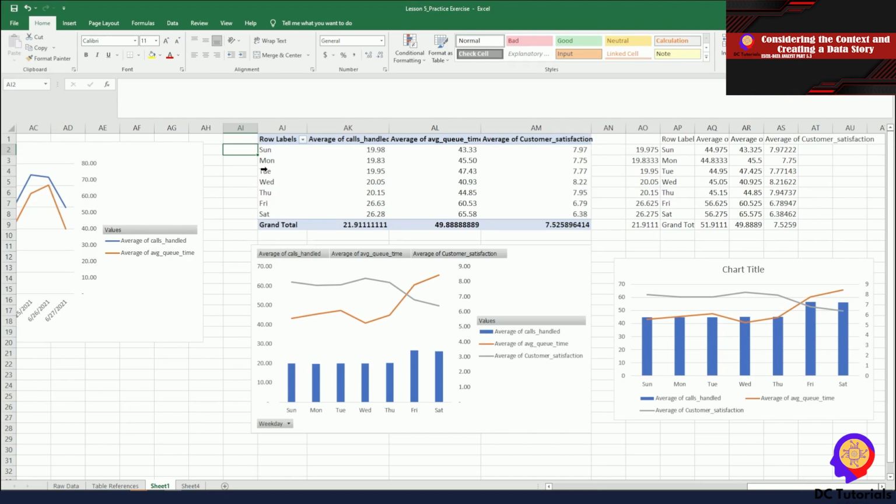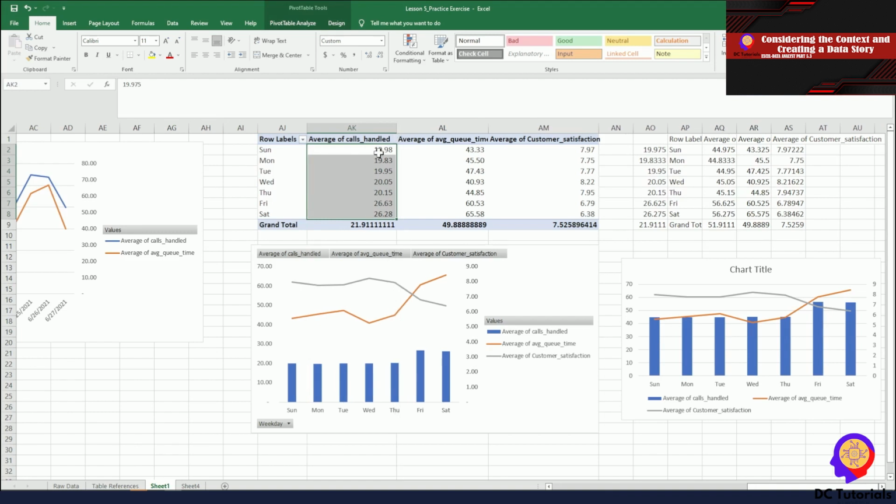We will show the volume, we will show another metric that is connected to the volume, and try to show that it is indeed related to the volume, and then show another metric, which is the customer satisfaction. So this is our transaction count average, and then this is the queue time or the waiting time, right?